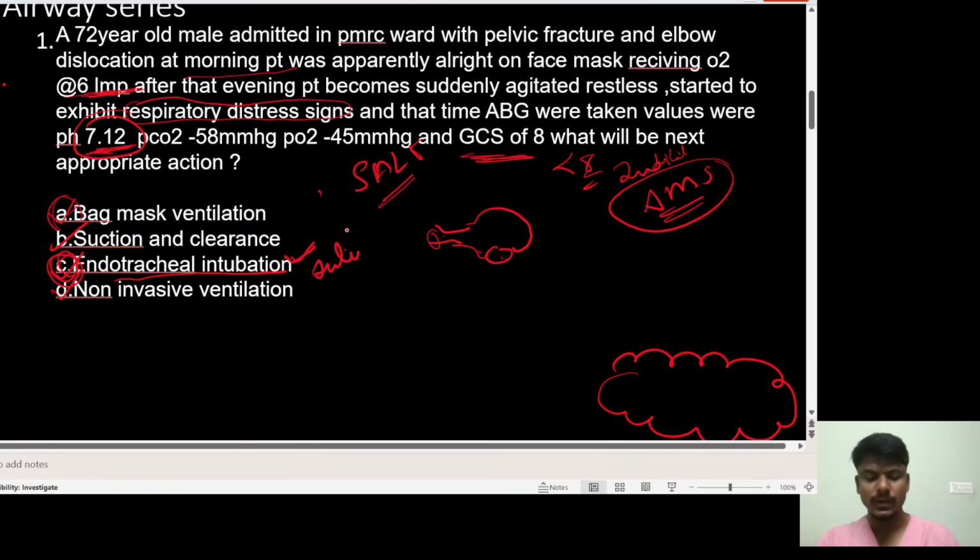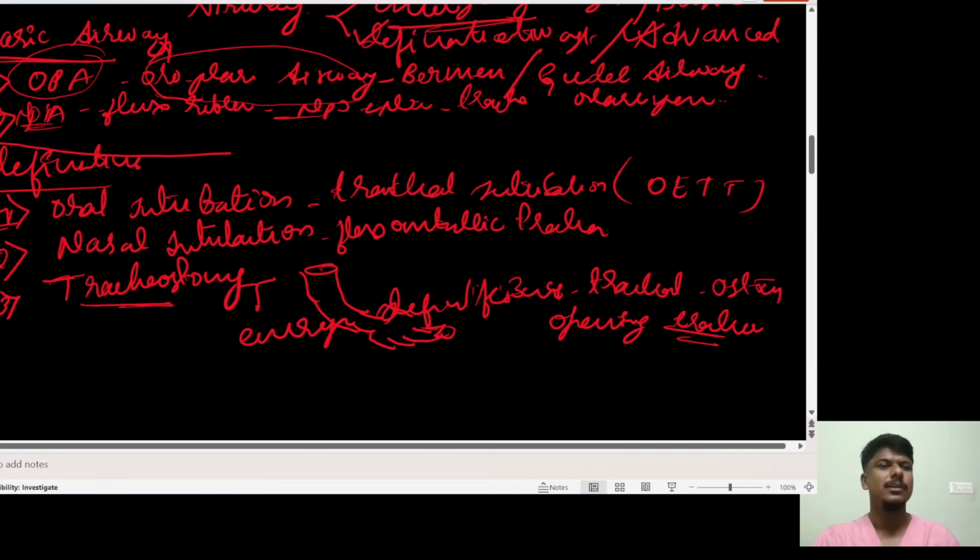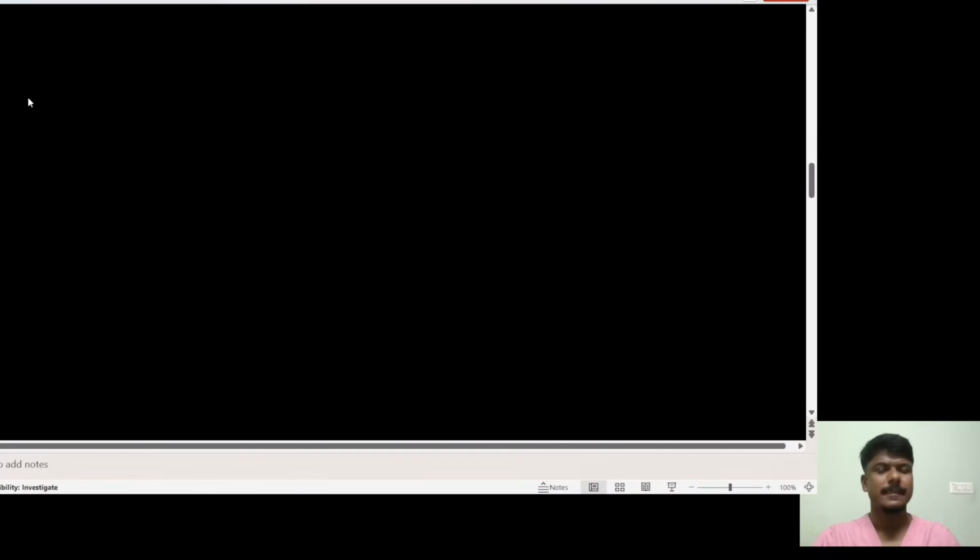If we look briefly at the intubation process, what are the main aspects, and what do you need for intubation? There are mainly two types of intubation.